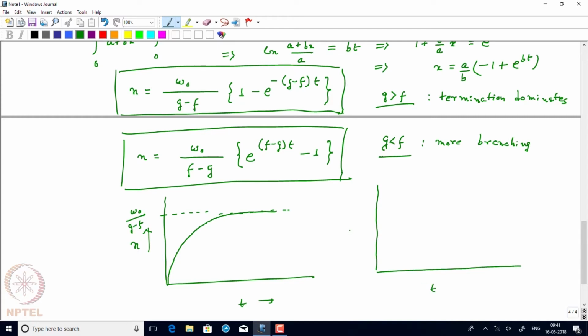On the other hand, that is true for g greater than f. If g is less than f, then you have a plot which is omega 0 into (f minus g), but this part will dominate any other term, because this is a positive number and this is e to the power of a positive number into t.